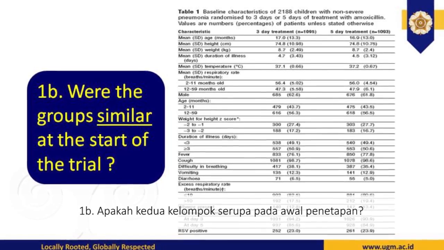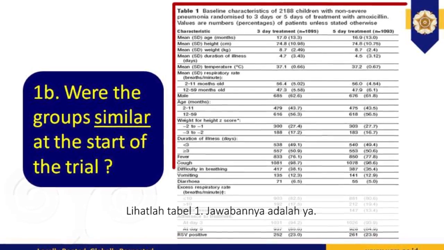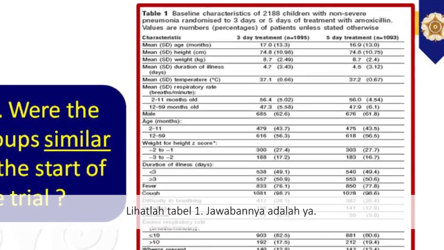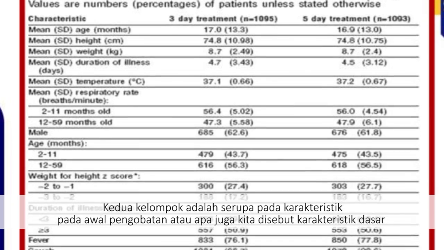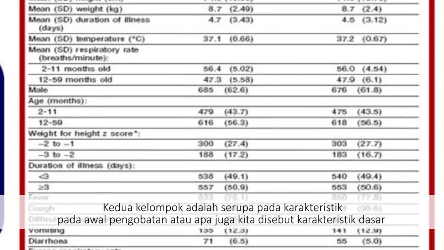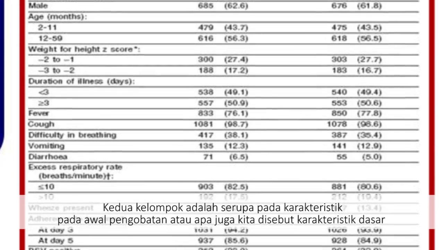Were the groups similar at the start of the trial? Look at Table 1. The answer is yes. Both groups were similar on characteristic at the start of the treatment, or what we also call baseline characteristic.